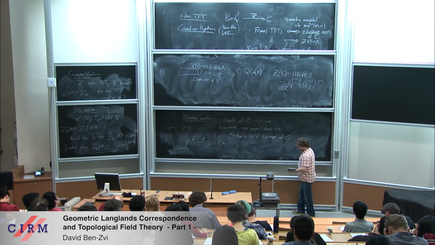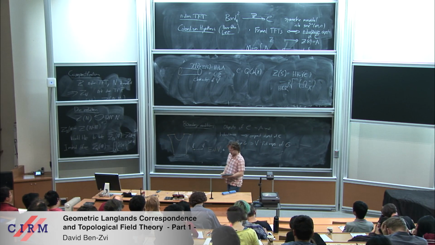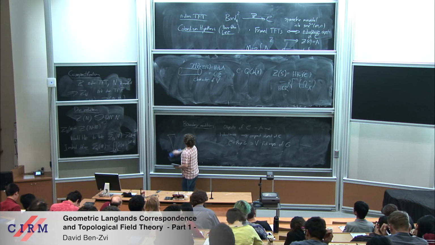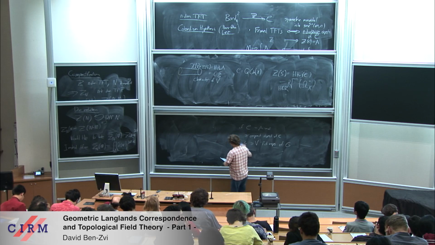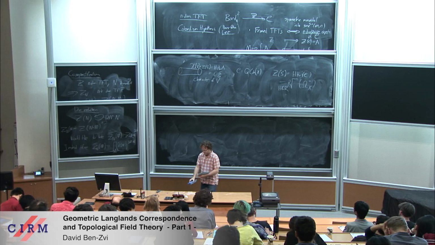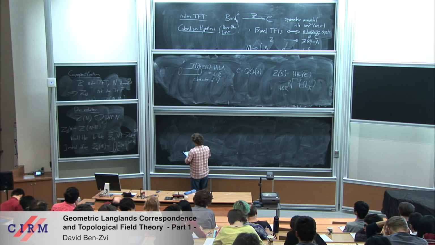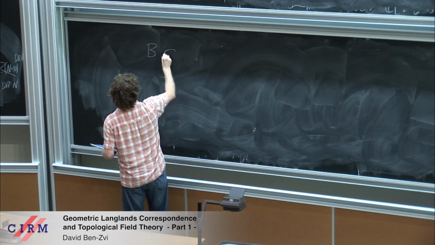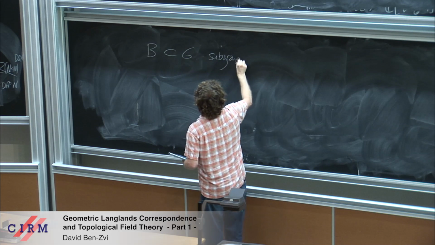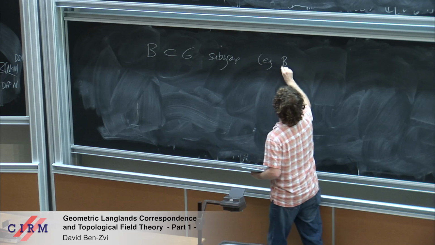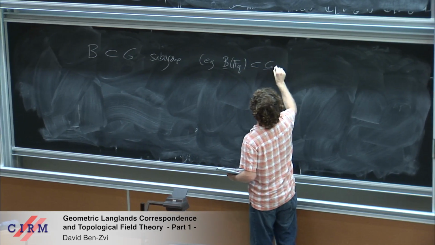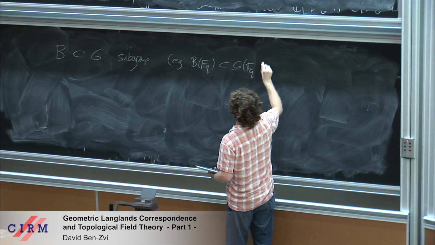But let's see what else we can do with characters. How do you construct boundary conditions? One way to construct a boundary condition in the case of representations is to give a subgroup. So suppose I give you a subgroup B of G. Maybe secretly I'm thinking something like the points of a Borel of an algebraic group defined over a finite field or something like that.